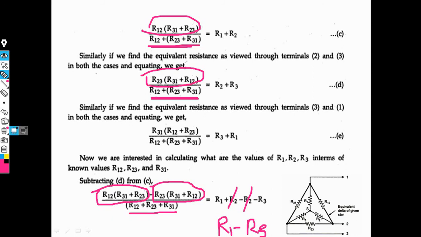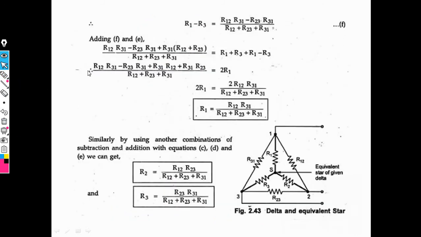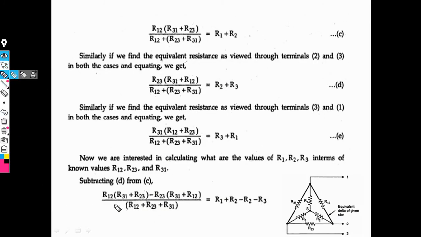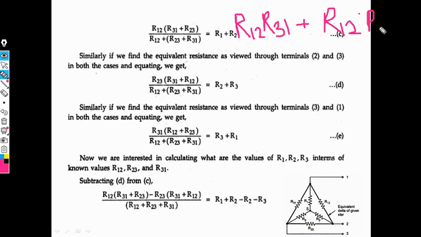The next equation is R1 minus R3. Here R12 is multiplied by R31, plus R12 into R23, multiplied by R1. Similarly for R31 and R23, multiplied by R1.